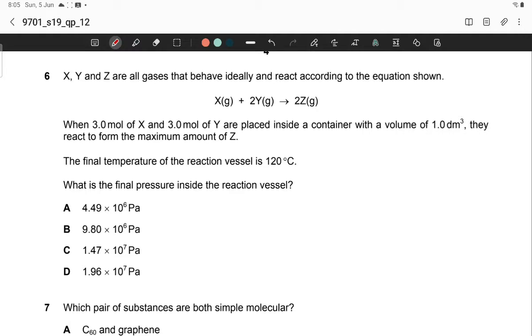We know that the reaction is X plus 2Y to form 2Z.